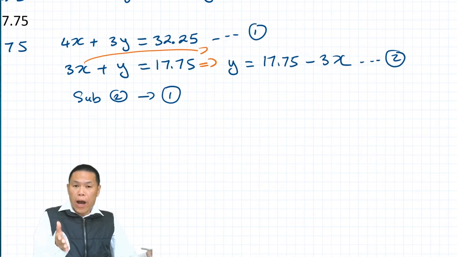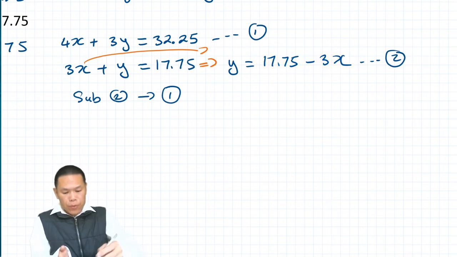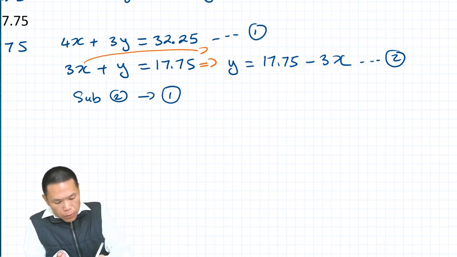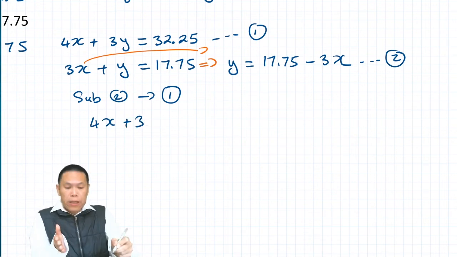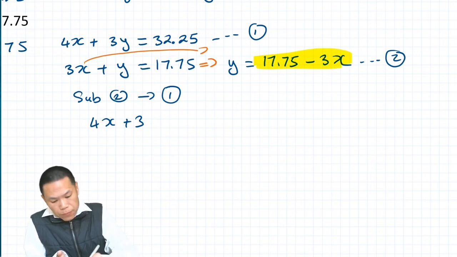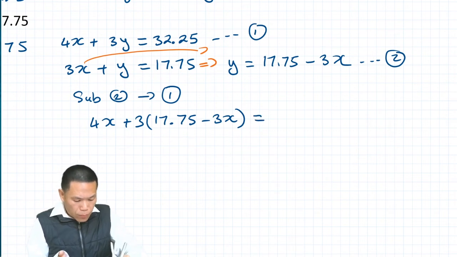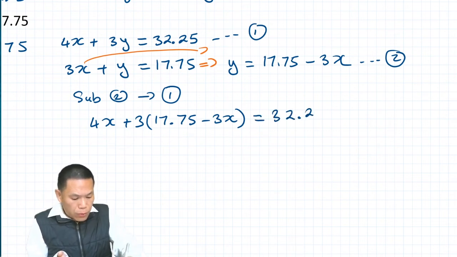Every time we see y, we must replace it with 17.75 minus 3x. So we go 4x plus 3y, but y is this. Don't forget. So just write this down: 17.75 minus 3x, which equals 32.25.